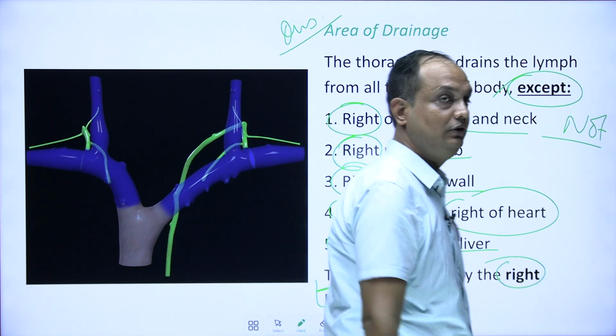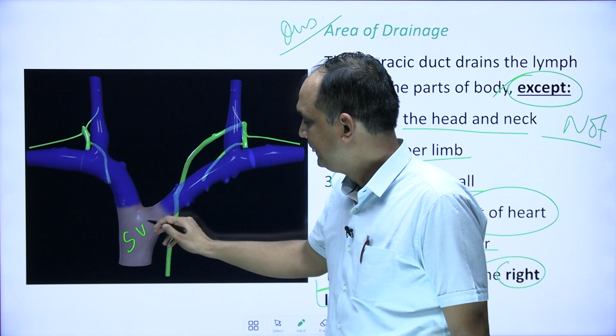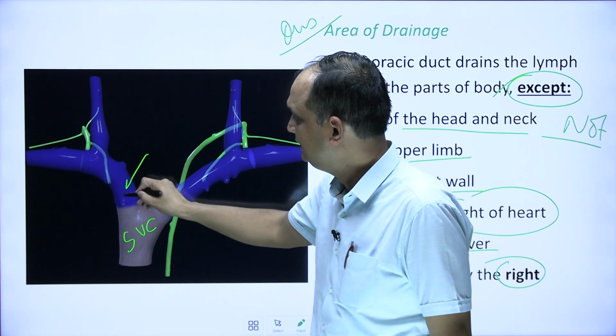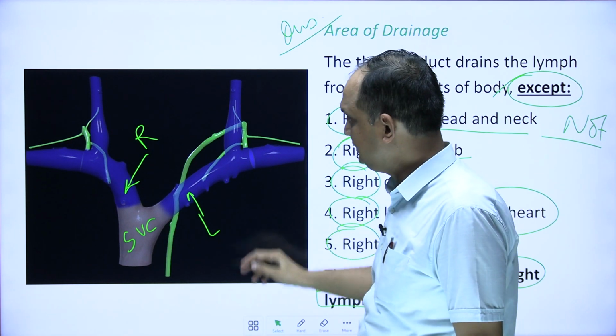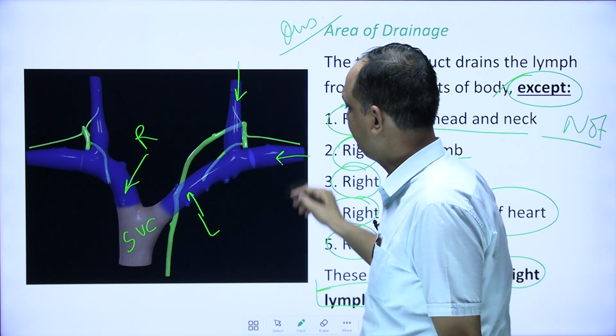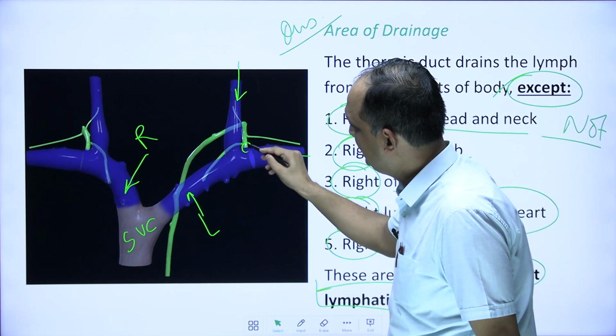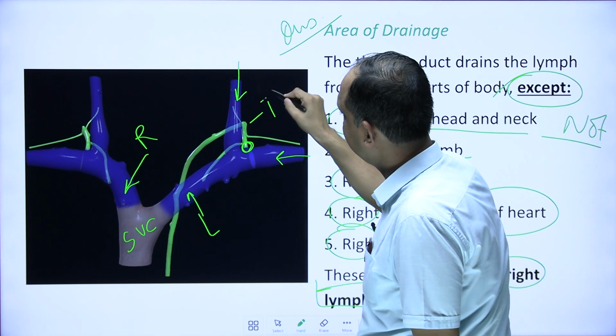Now in this image you can see this is your superior vena cava. This superior vena cava is receiving the right brachiocephalic and the left brachiocephalic. The left brachiocephalic is formed by the left internal jugular and left subclavian. At this junction you have this arch of your thoracic duct.